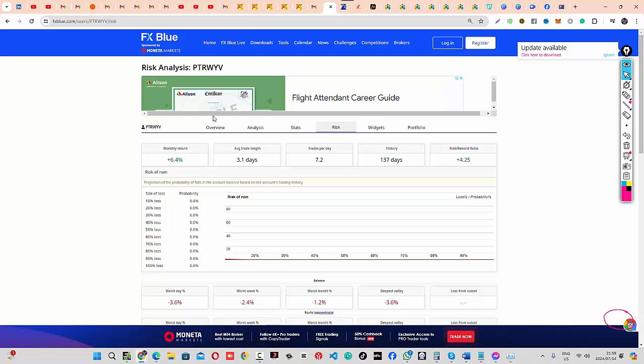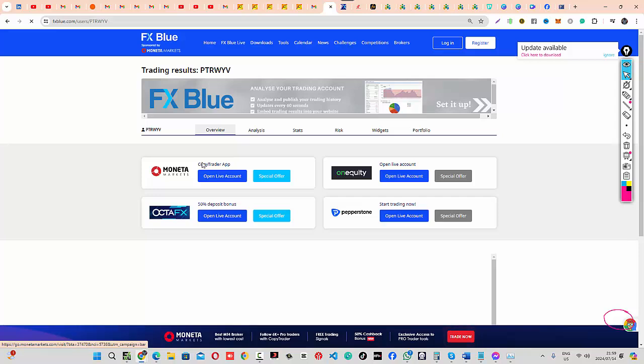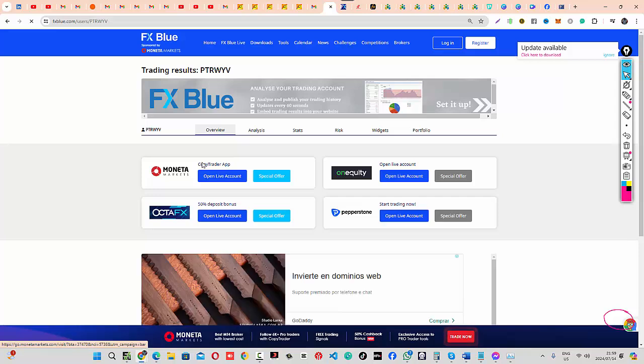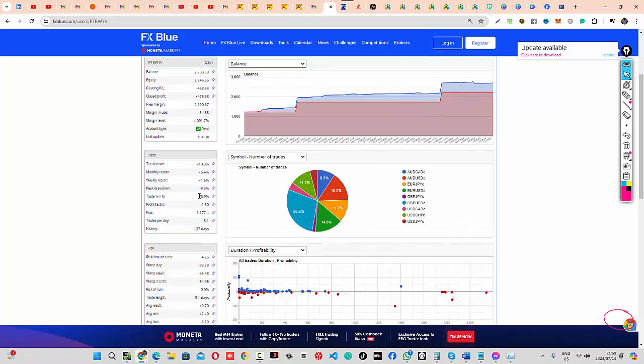And like I said earlier, the winning trade accuracy of this software is 76.9%, which is amazing. In my own situation, it's very amazing to me.